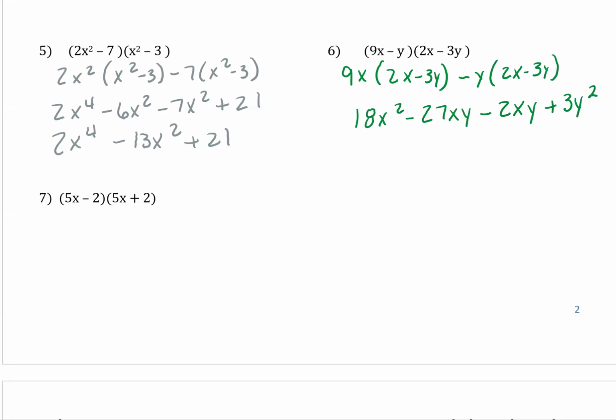We can combine like terms that are in the middle. Number 7.